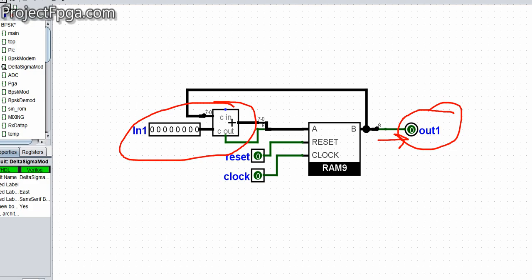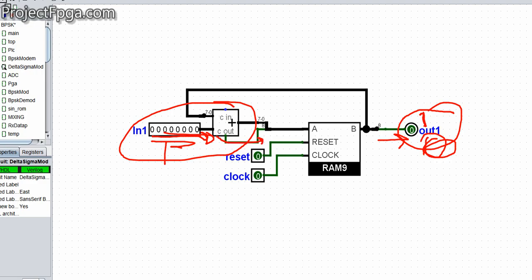It keeps adding and adding, and you only get a 1 here depending on the value of the input. The higher the value here, the more 1s you get. The lower the value here, the fewer 1s you get, and more 0s. If this is low, you'll be getting 0, because there won't be an overflow at the end of the addition.